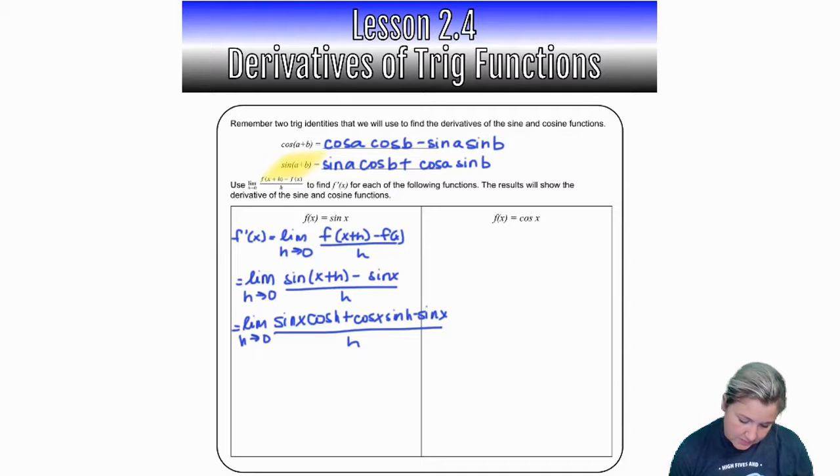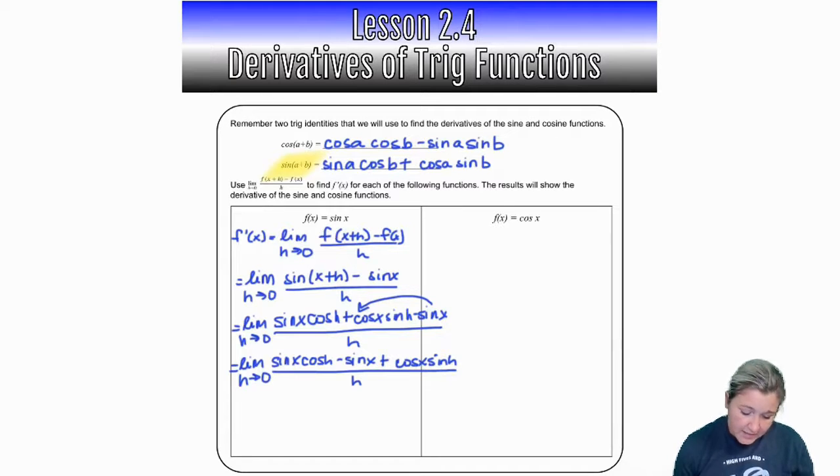What we're going to do now is some rewriting and dividing out. So I'm going to rewrite this with this sine x in the middle here. So I have sine x cosine h, minus sine x, and then plus cosine x sine h, all divided by h. And what you'll notice here is that I have a sine x in both of those, so I can factor it out.